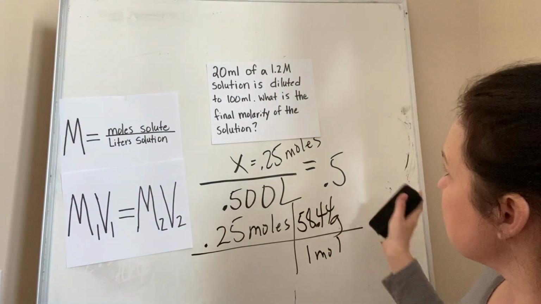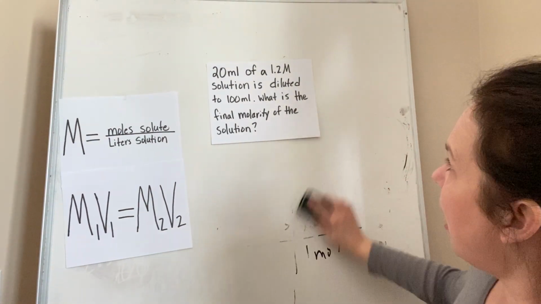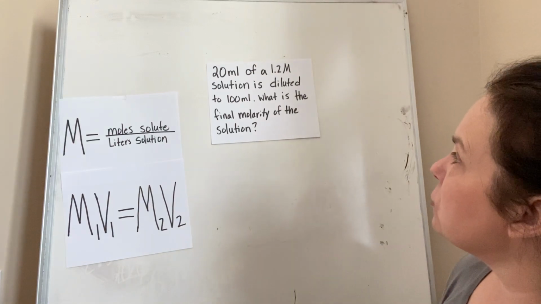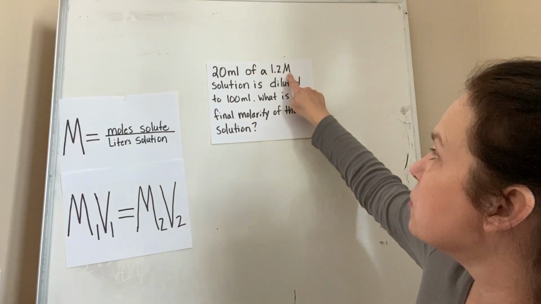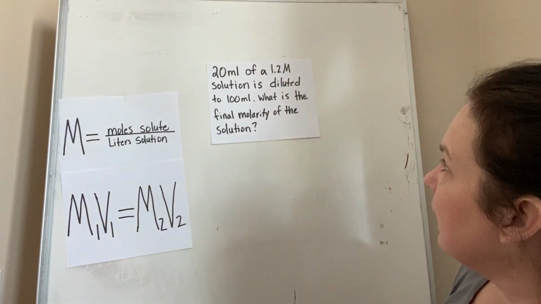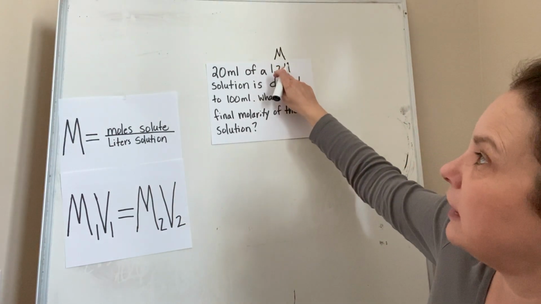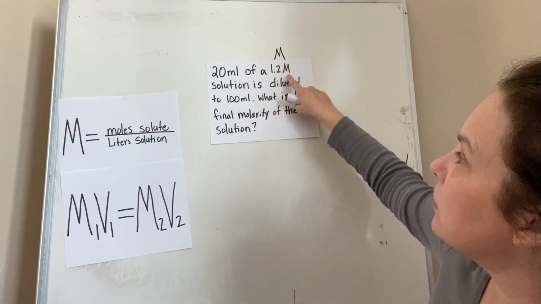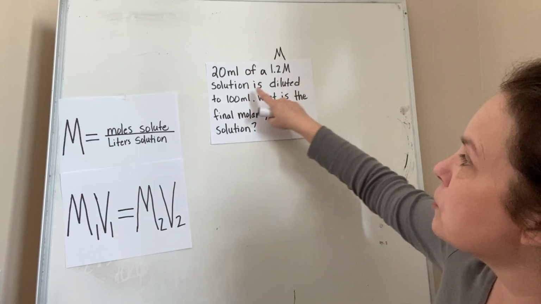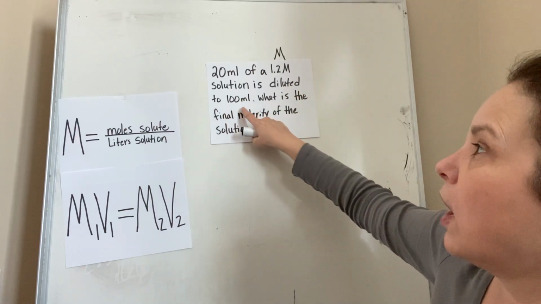This one says 20 milliliters of a 1.2, and how do I know that that's molarity? Because it's a capital M. That is a capital M right here, okay? I have 20 milliliters of a 1.2 molar solution, and it's diluted to 100 mils.